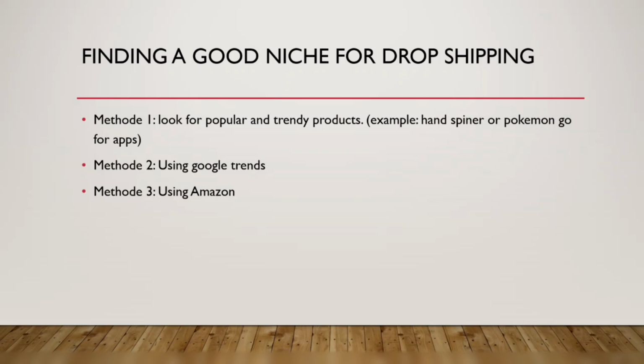Once again, I suggest you use Google Trends. It's an amazing tool, and Amazon. Use those three things that I just showed you: popular trends, Google Trends, and Amazon, and you'll see it's not that hard to find a popular product.